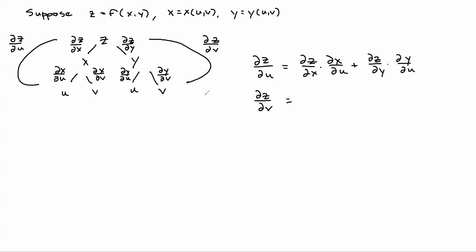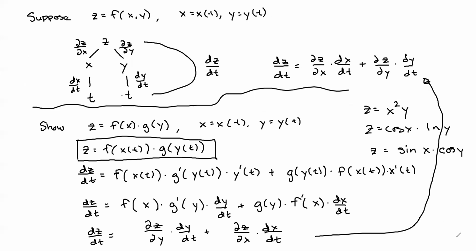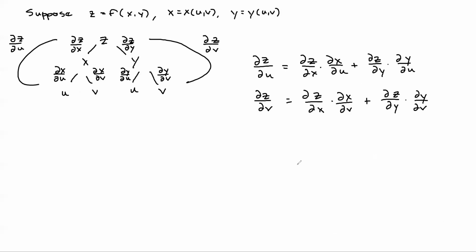That would be this guy from top all the way to bottom, and then multiply down the tree, so we get partial of z with respect to x, partial of x with respect to v, plus partial of z with respect to y, times partial of y with respect to v. So we get two separate definitions, right? Which makes sense. If you have a function that's defined in terms of two things, you're going to have partial derivatives for those. And then each definition looks kind of like our last result, right? We've got it separated into two pieces, and then we're adding. Okay.